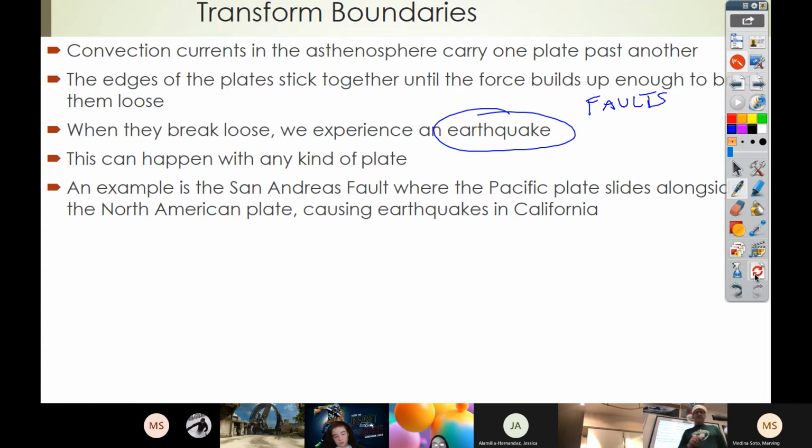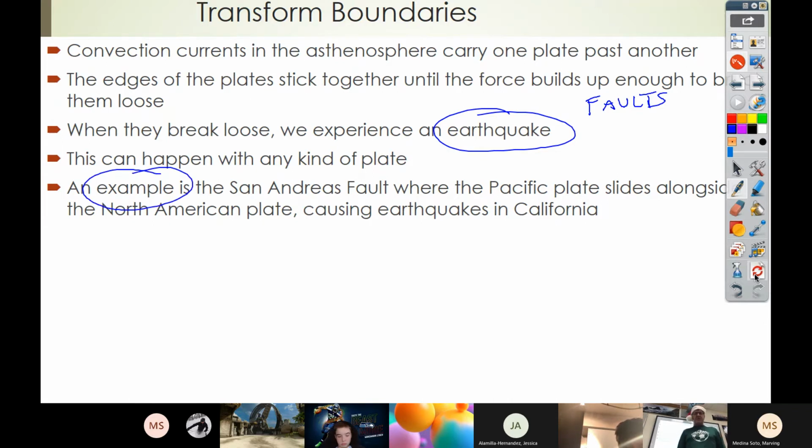So features would be faults and earthquakes. The process would just be, I guess, earthquakes. We don't really have a name for this process like we do for subduction and seafloor spreading, which are the main two. And here's our example.